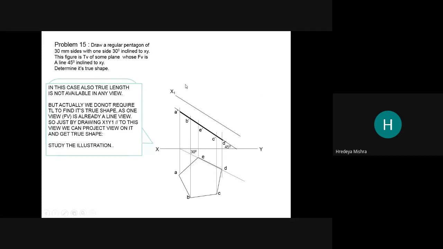The X1, X2 here, we just draw some distance away from this line, this projection line, and now make the inclination and choose the distance, and DE.